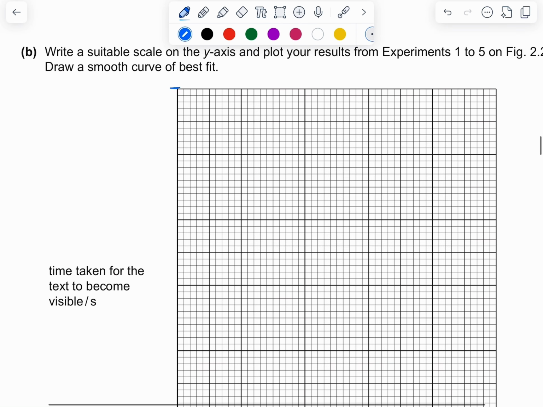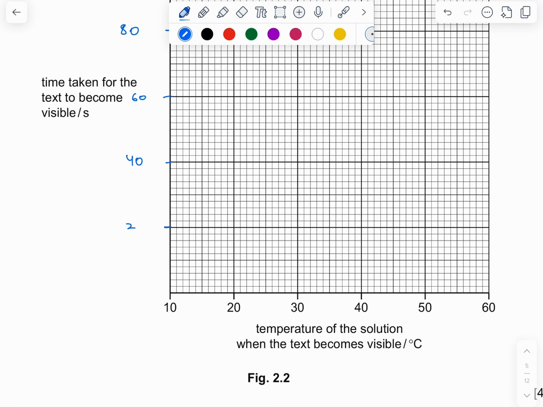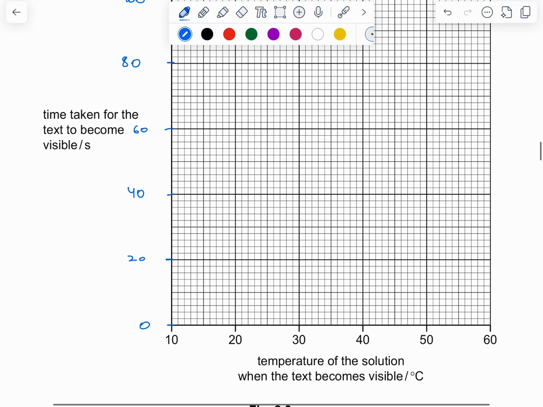So this should be 120, this should be 100, this should be 80, after 80 it should be 60, then 40, then 20, and after 20 it should be 0, right?